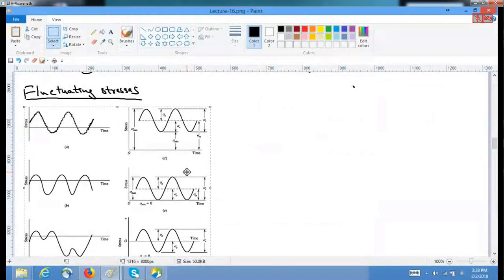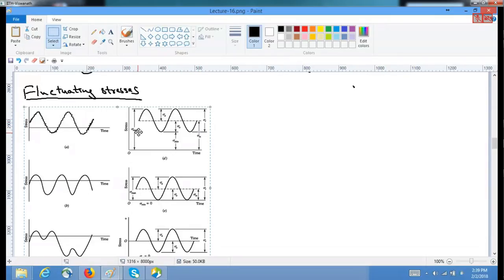So these are several types of fluctuating stresses. In here, you see that it has started at a non-zero value and it has so much roughness of the cycle, variation in the cycle. So it has a low frequency as well as high frequency oscillations that are both there in this, whereas in this one only a low frequency is present.